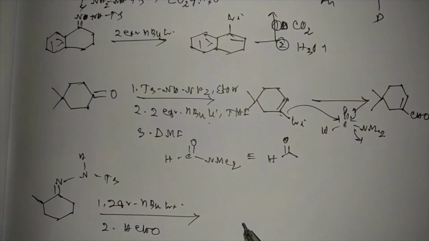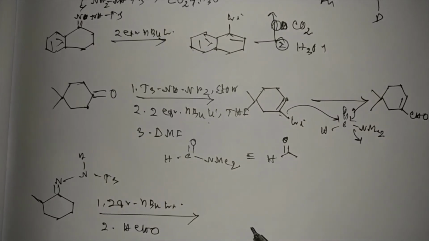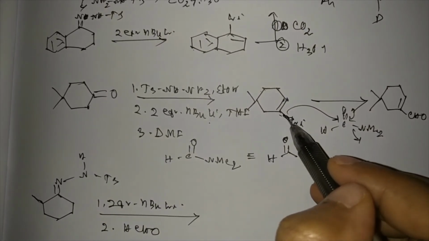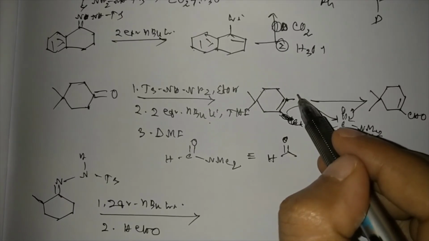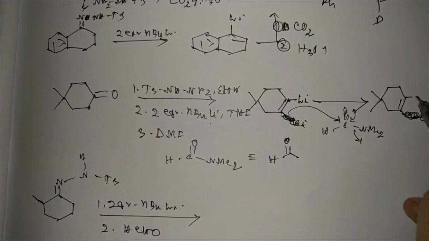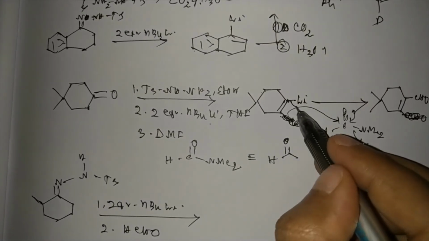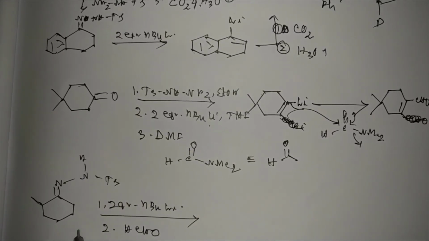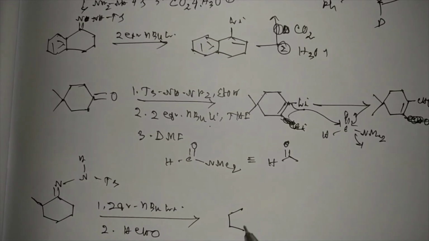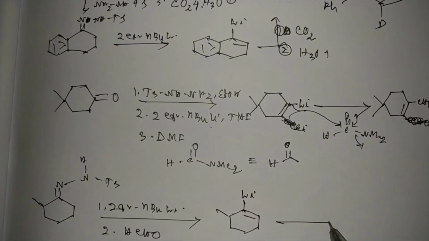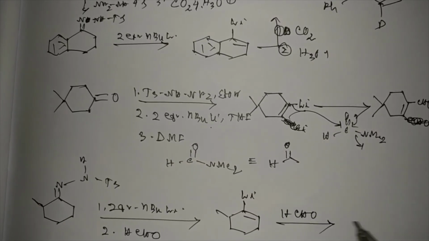So the alkenyl lithium species that will be formed has the lithium on this carbon, so the formyl group will be on this carbon. First this alkenyl lithium species will be formed, and when it is treated with HCHO, it will give CH2OH.